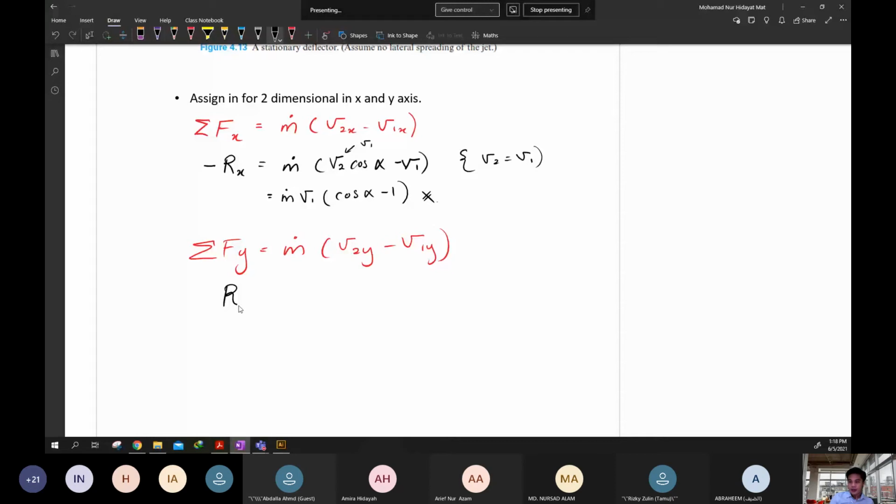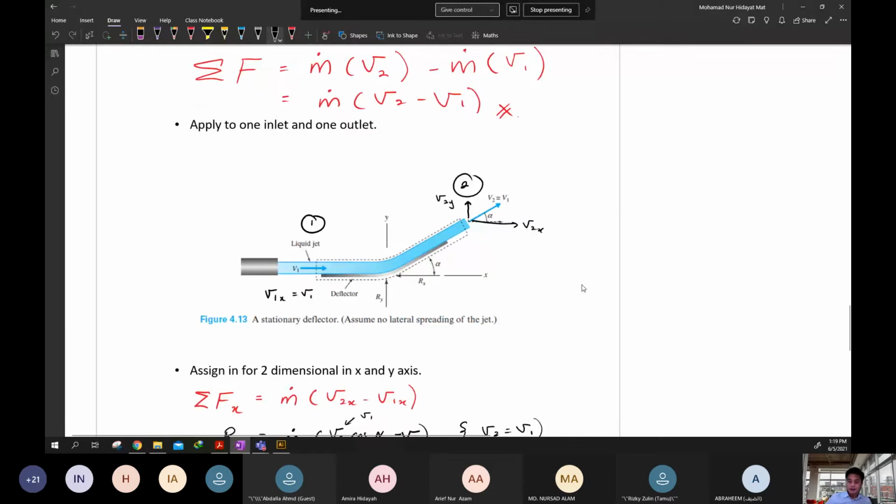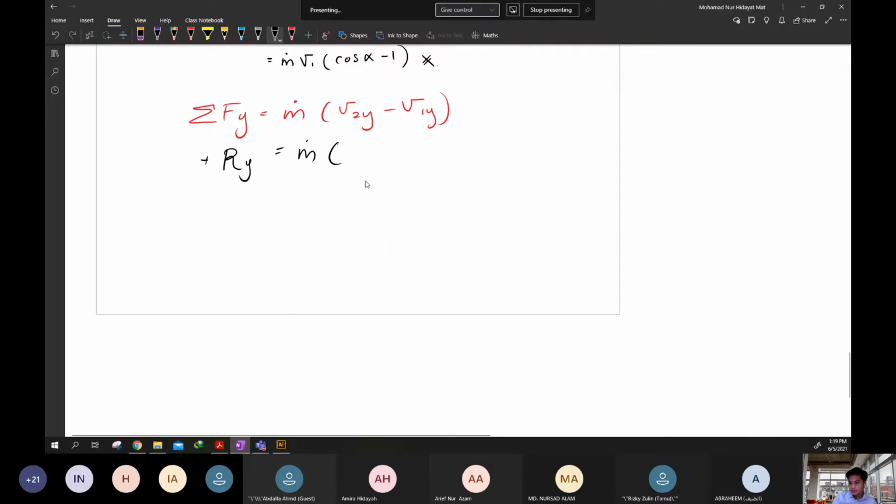Okay, how to get V2y? V2 sin alpha. In order to get V2y, V2 sin alpha. So just put it here: V2 sin alpha minus V1y.